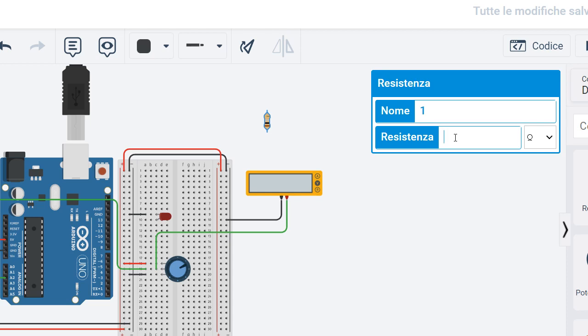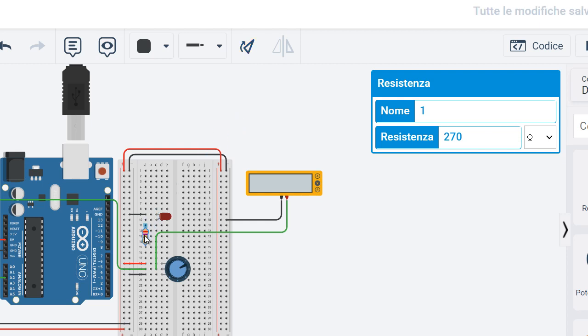Since on the LED there is a voltage drop of about 2 volts, we can use a 270 ohm resistor to have about 10 milliamps of current on the LED. So the value of the resistor is the one that selects the LED current. It is suggested that the LED current not be above 20 milliamps. 10 milliamps is the best value to guarantee a long duration of the LED.